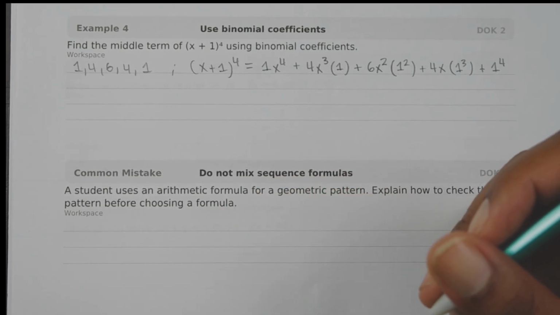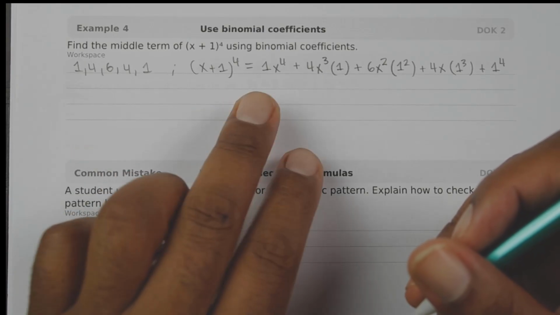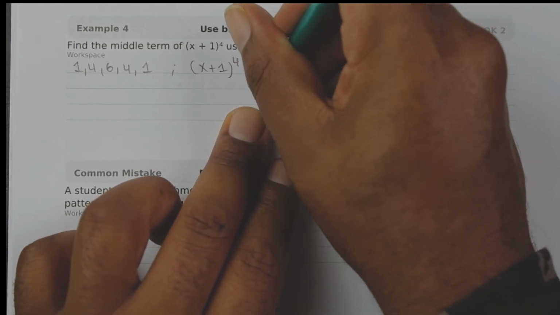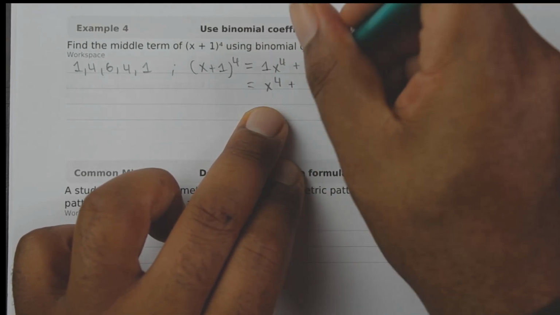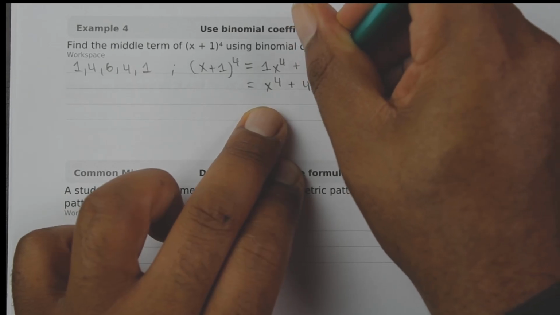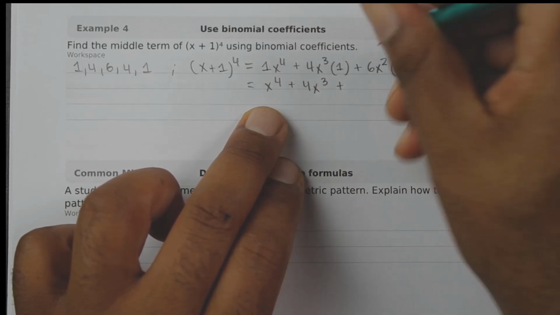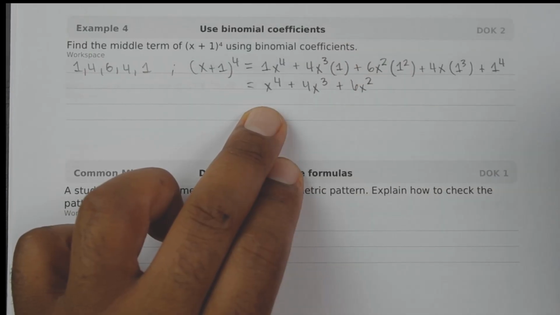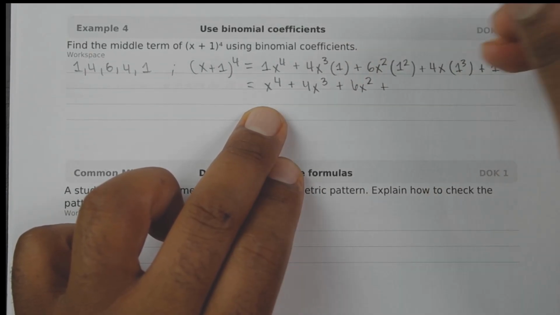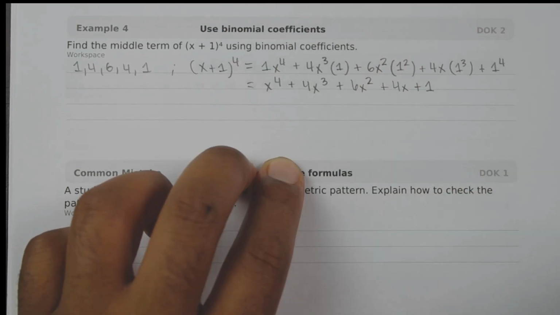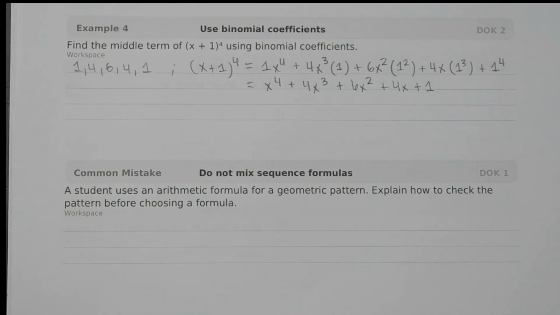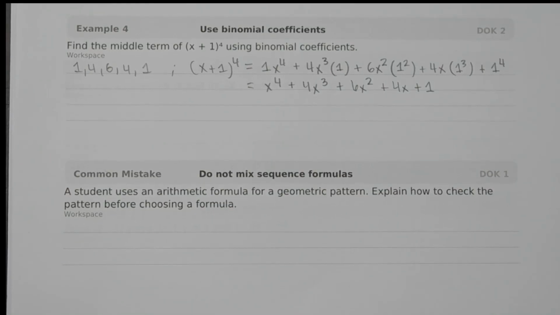And then we simplify this expression, which would be x to the power of 4 plus 4x cubed plus 6x squared plus 4x plus 1. Okay.